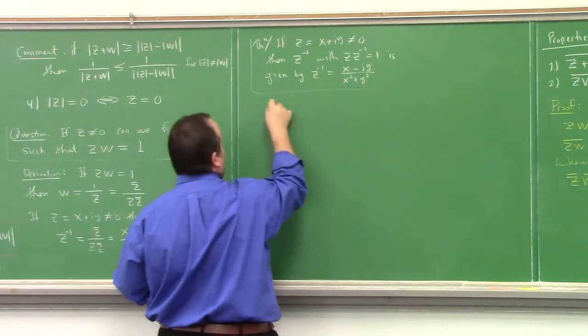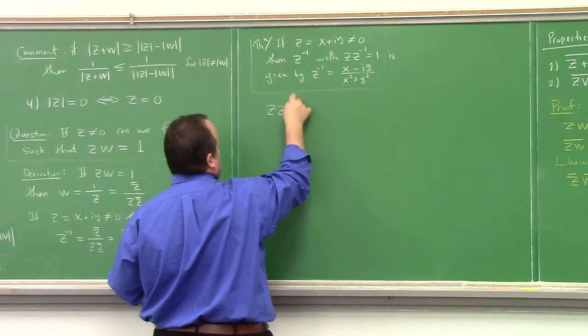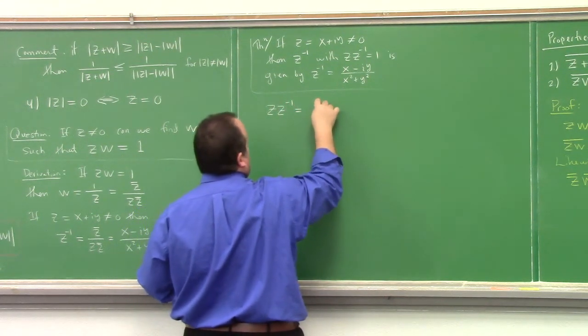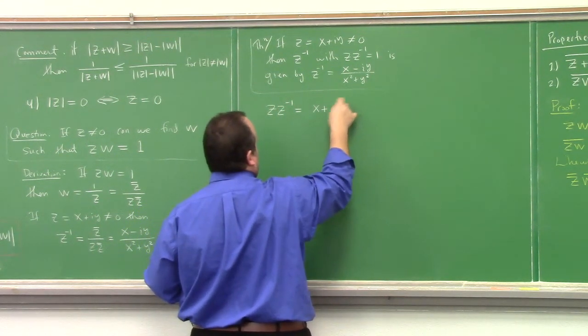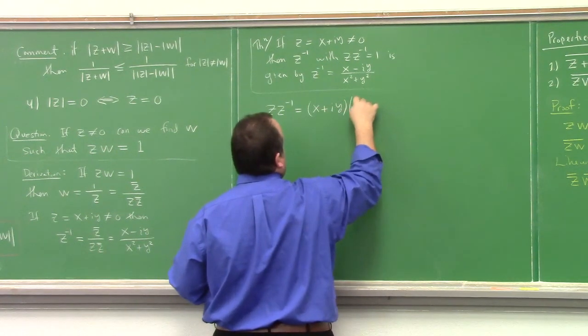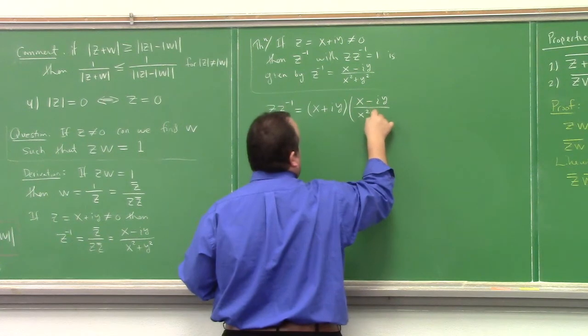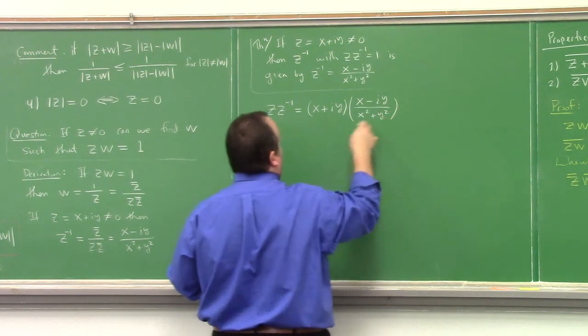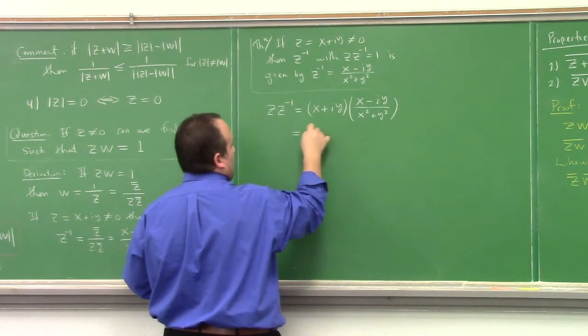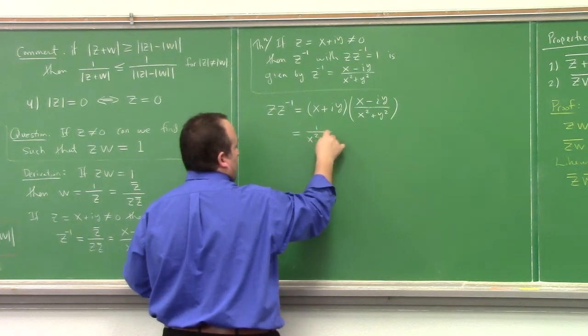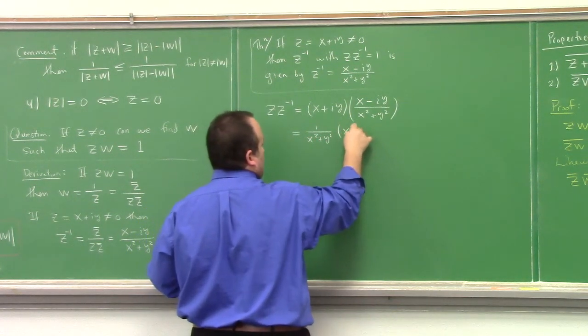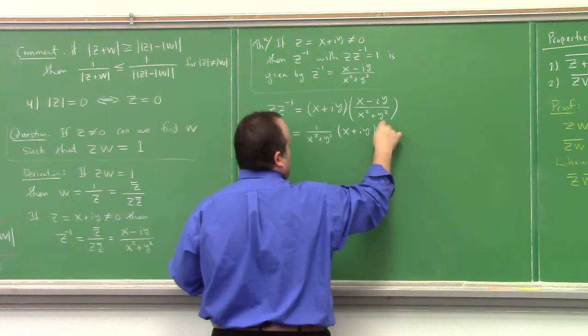And so here's the proof. z times z inverse is equal to x plus iy times x minus iy over x squared plus y squared, which is 1 over x squared plus y squared times x plus iy times x minus iy.